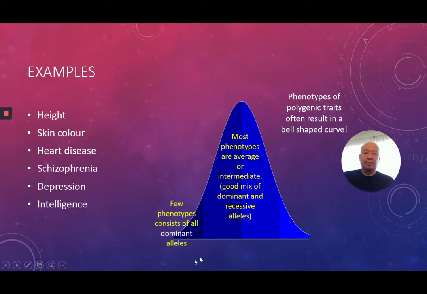So we know that at this end here, a lot of the phenotypes are basically influenced by a set of dominant alleles. On the other side, you have phenotypes that are represented by the recessive alleles. Okay, and then you have all the ones that are in the middle. It depends on whether you have dominant or recessive alleles or which type of dominant alleles.